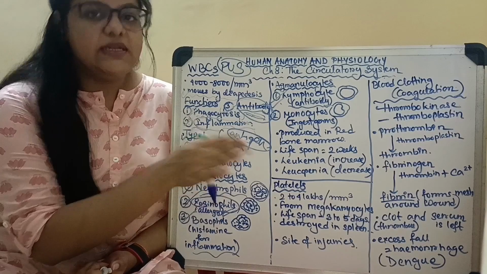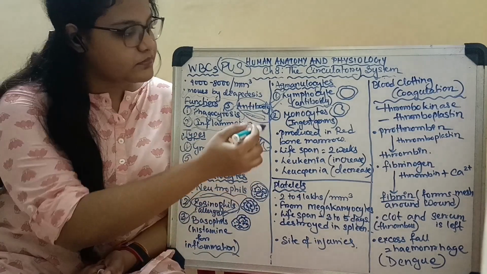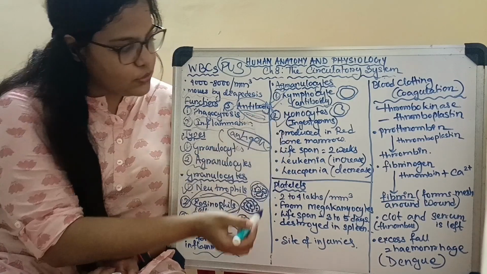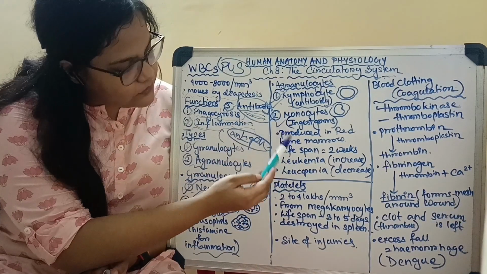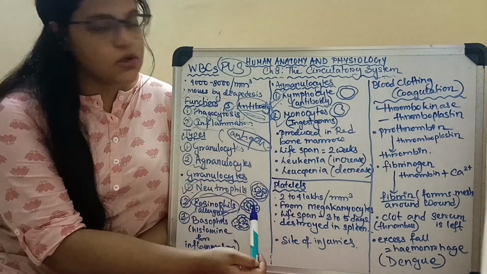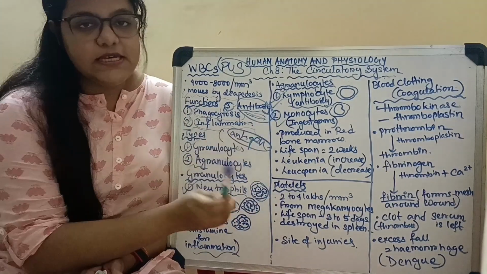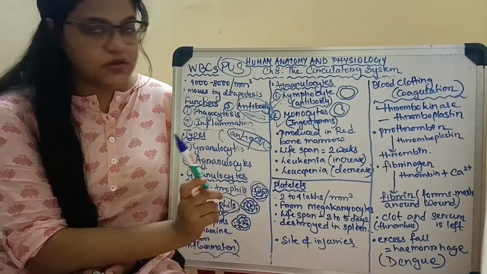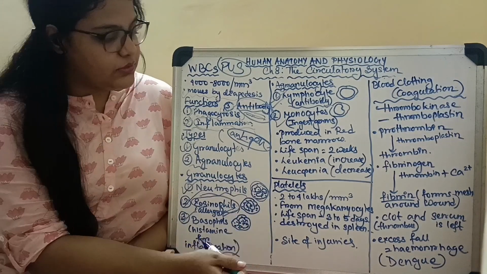And about that lymphatic system we will discuss later in the chapter, okay, don't worry. Now monocyte helps in the ingestion of the germs, okay. Monocytes also don't contain any granule. Now remember one thing, lymphocyte is the smallest WBC among all five of them, okay, don't forget.